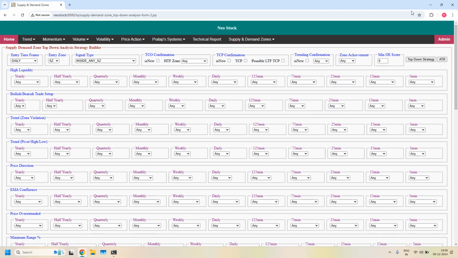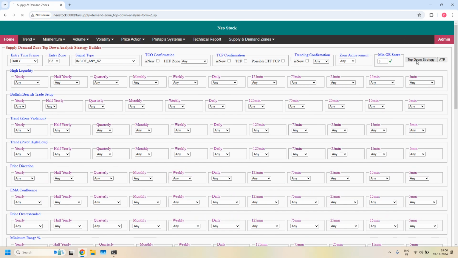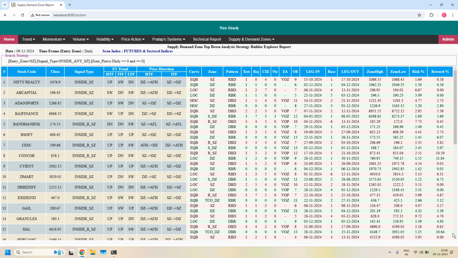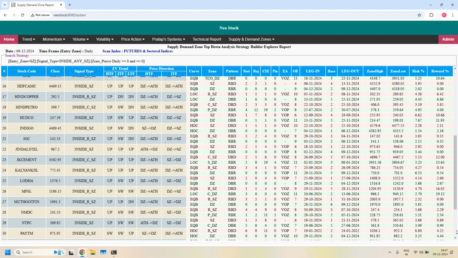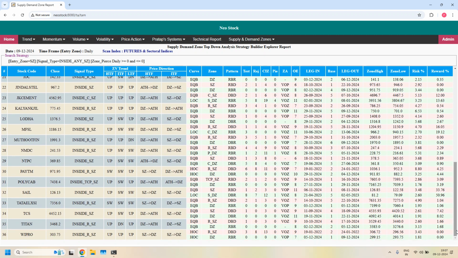With this filter, we got a big list, first 15 stocks in the list. So I'm scrolling the list down. So total 36 stocks are filtered from this list, where price closed inside daily supply zone.